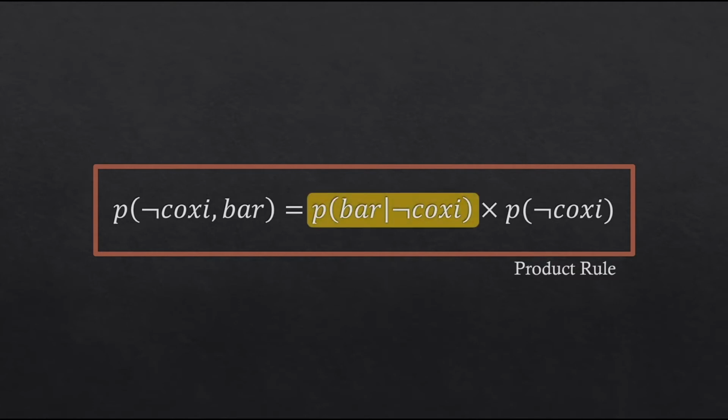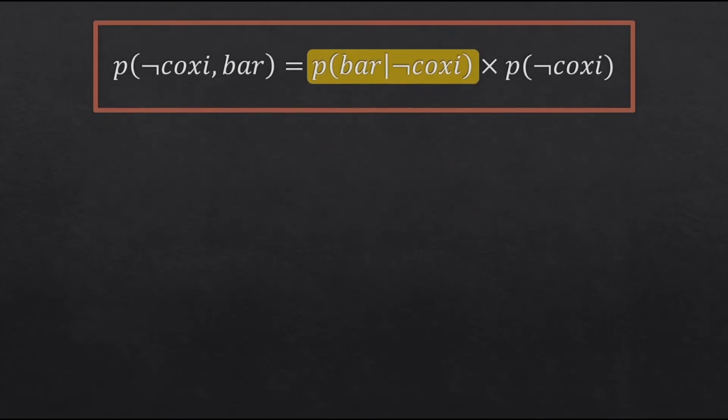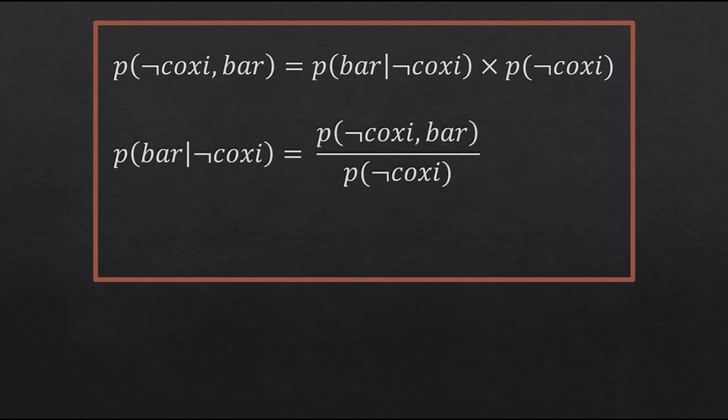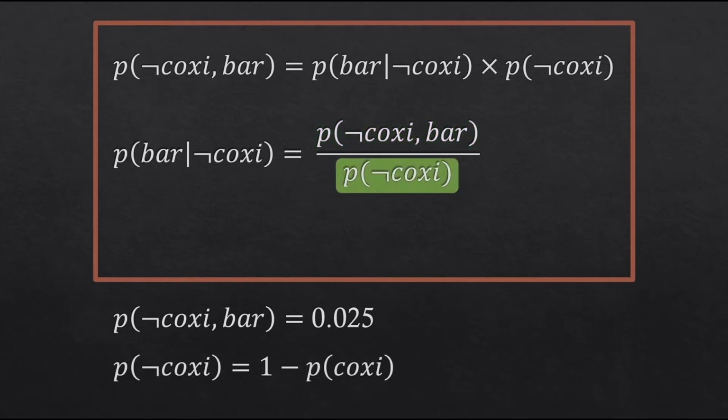We are searching for the conditional probability that a non-Coxi visits the bar, thus we need to transform the term. We divide the equation by p of not Coxi and swap the two terms, so we get the following equation. So we just need to calculate the fraction. The numerator was calculated in the last task: the probability of meeting a student in the bar and that he or she is not a Coxi is 2.5%. The denominator can be calculated by the data given in the instructions.